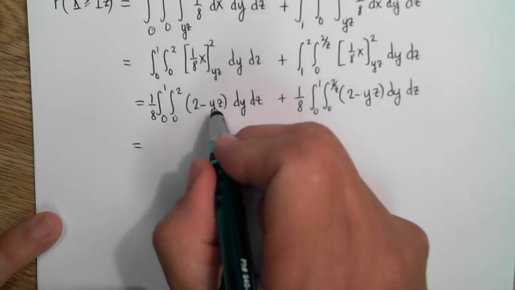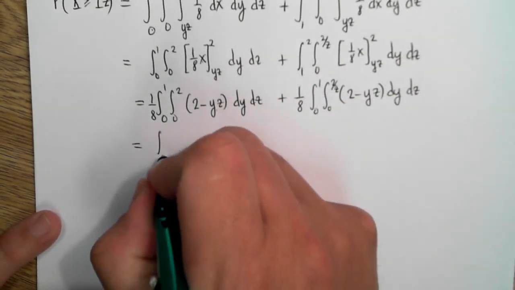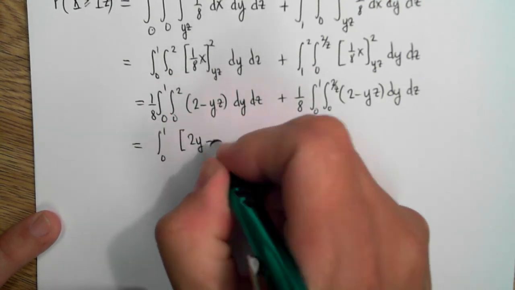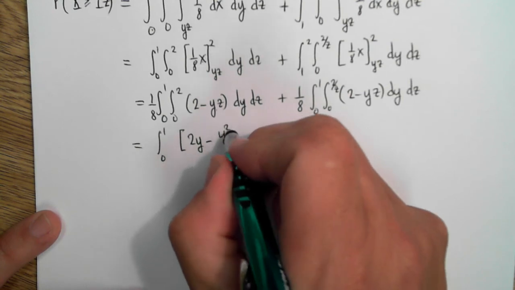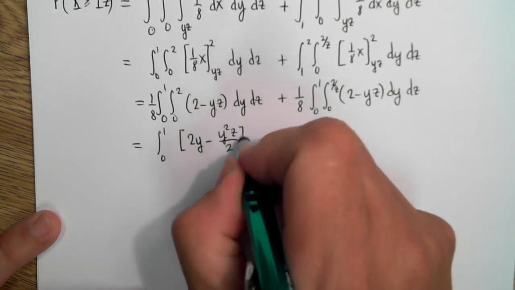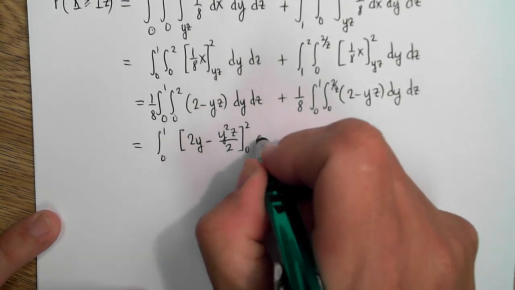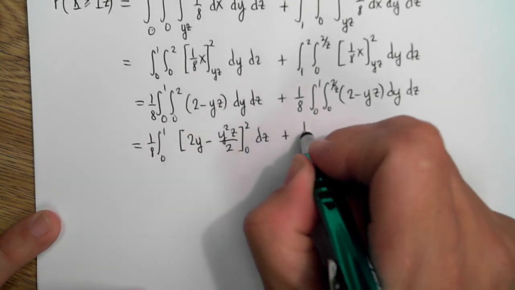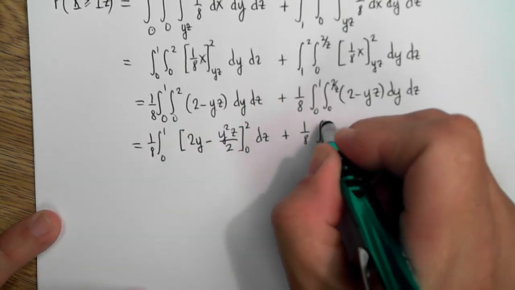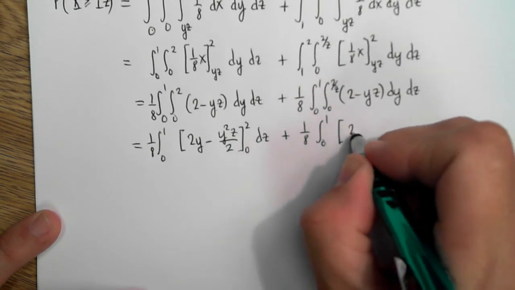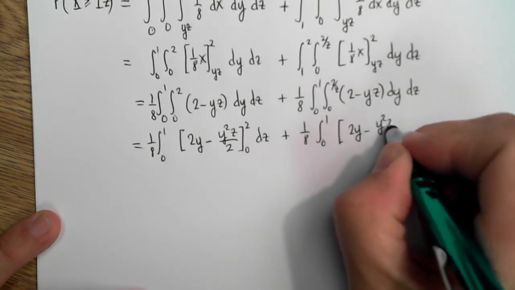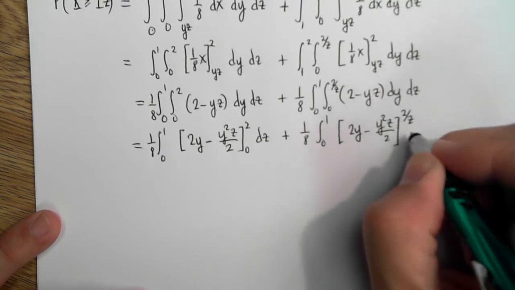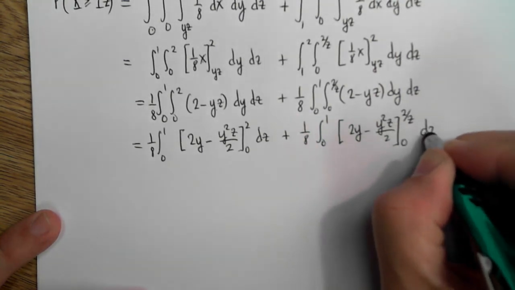Okay, then I integrate with respect to y. I've got the integral from 0 to 1. Then integrating with respect to y, I get 2 times y minus y squared times z over 2, evaluated from 0 to 2, dz. And I forgot the 1/8 out here. Plus 1/8, integral from 1 to 2, 2 times y minus y squared z over 2, but this time the limits of integration are 0 to 2 over z, dz.